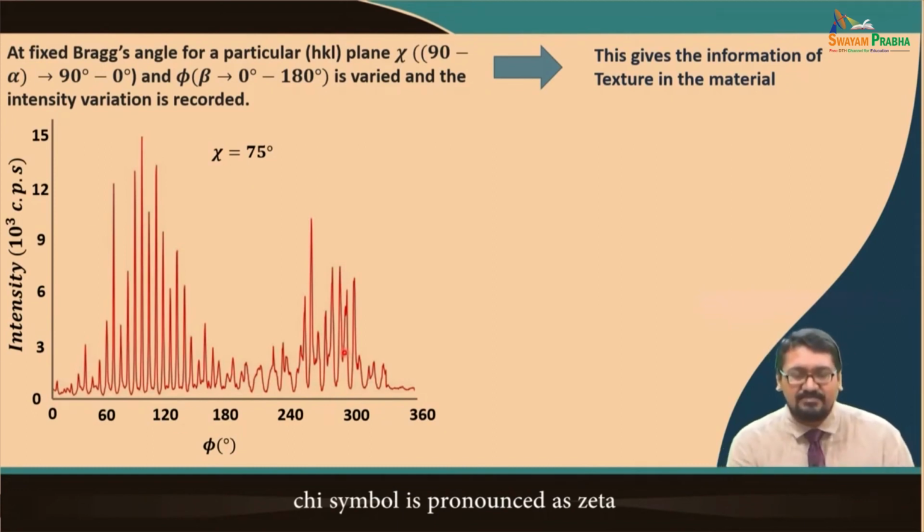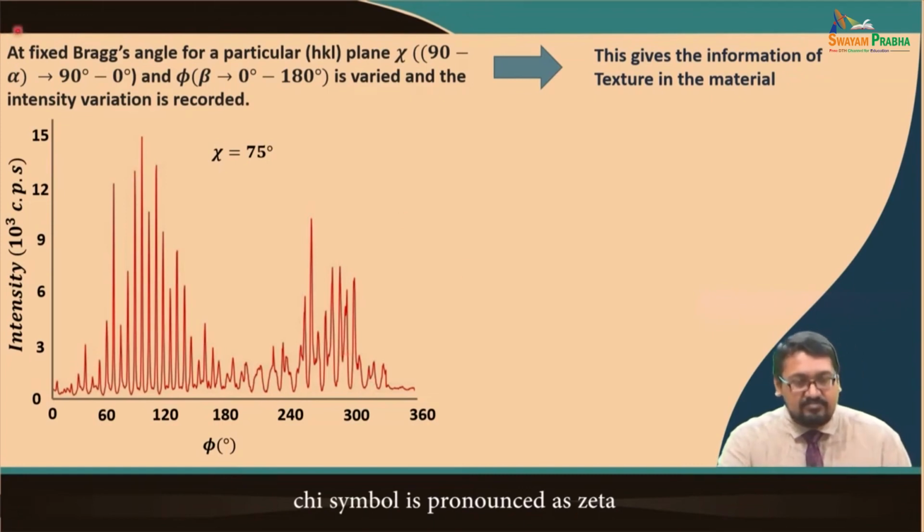So, this is a schematic, and it will differ for different materials, for different processing conditions and all these things. And this plot is later plotted for every zeta, that is zeta equal to 0 and 5 and 10 and up to 75 and maybe beyond, for phi equal to 0 to 360, to plot the whole pole figure for that particular HKL plane.